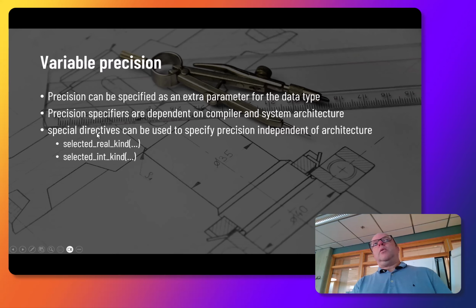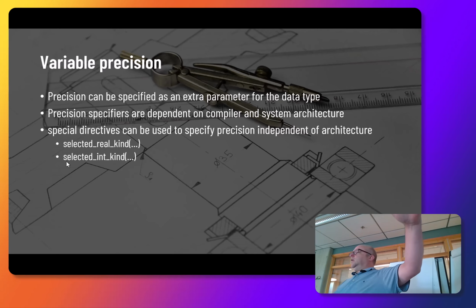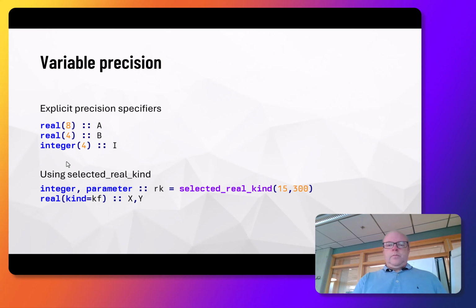And there are special directives you can use. So, for example, selected real kind can be used to specify the precision of real variables, and selected int kind for integers. And those are not functions in the normal sense. They are compiler queries at compile time, so that you can assign a constant for the precision.